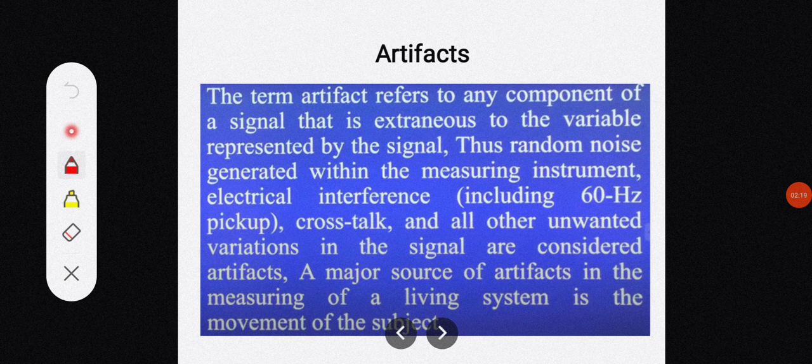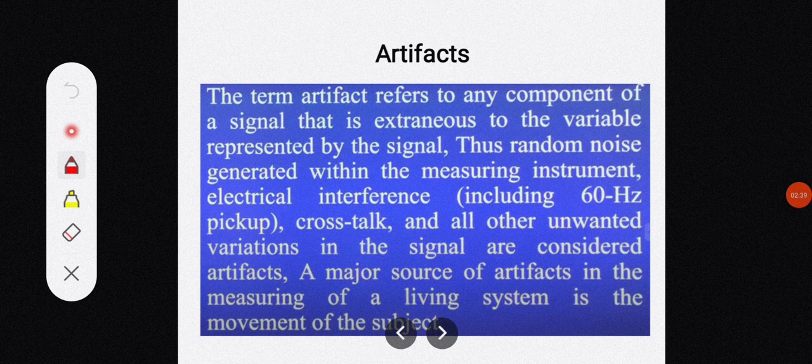Apart from the information of the variable, this signal also contains an extra component because of these noises generated inside the measuring instrument, or because of electrical interference, etc. So these extra components are called artifacts.